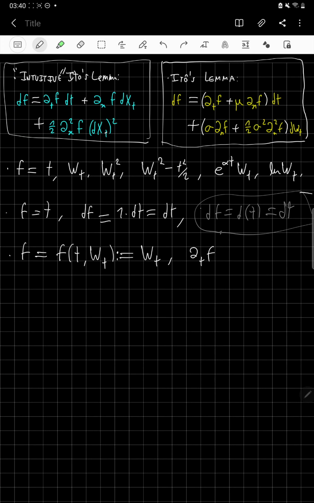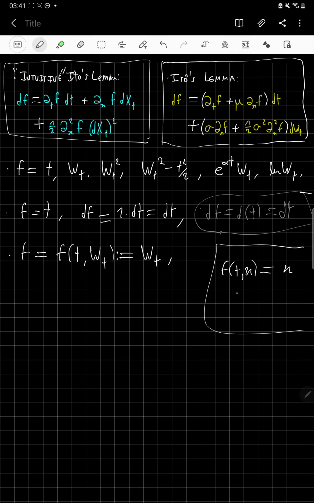When we take our partial derivatives, we are not considering this kind of thing here where t is explicit. What we're actually considering is a function of two variables where nothing is weird or sketchy. Here there are weird and sketchy things. This is a stochastic process. When we write it like this, it is just a function f of (t, x), and in this case we want the function f(t, x) equal to x.